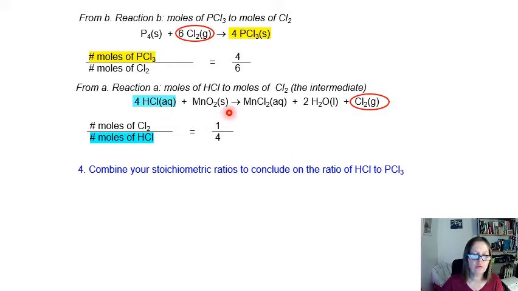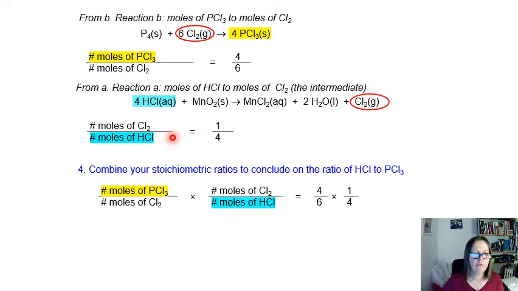At this point, once we have written these two stoichiometric ratios, we can actually combine them. If we multiply this stoichiometric ratio by the second stoichiometric ratio, here is what we get. So we have moles of PCl3 over moles of chlorine times moles of chlorine over moles of HCl on one side.